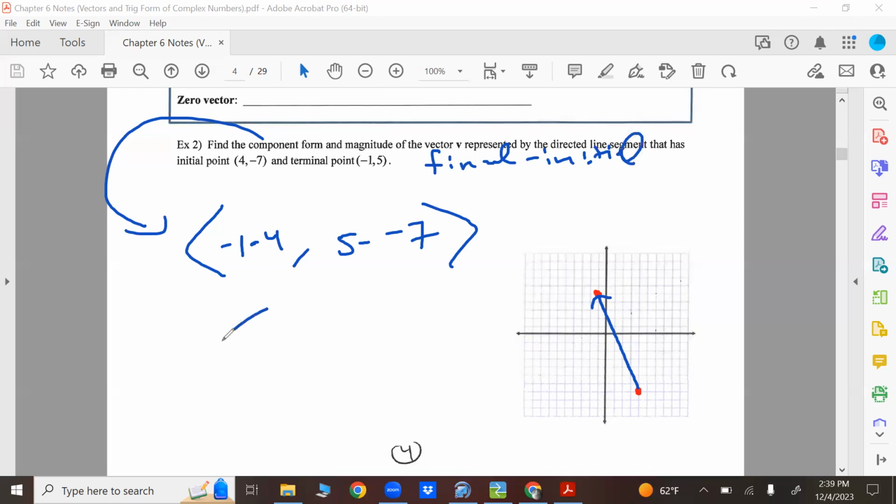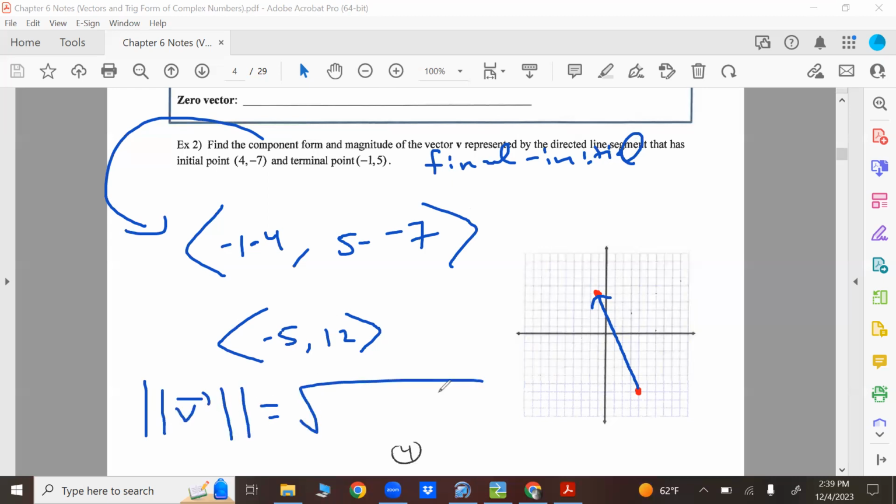So you get -5, 12. Right? -5, 12. The magnitude. And we're calling this V. So I'll do the little symbol there. Simply just -5 squared plus 12 squared. What's that, guys? Excellent. You know your Pythagorean triples. Very good. And that's vector V right there.